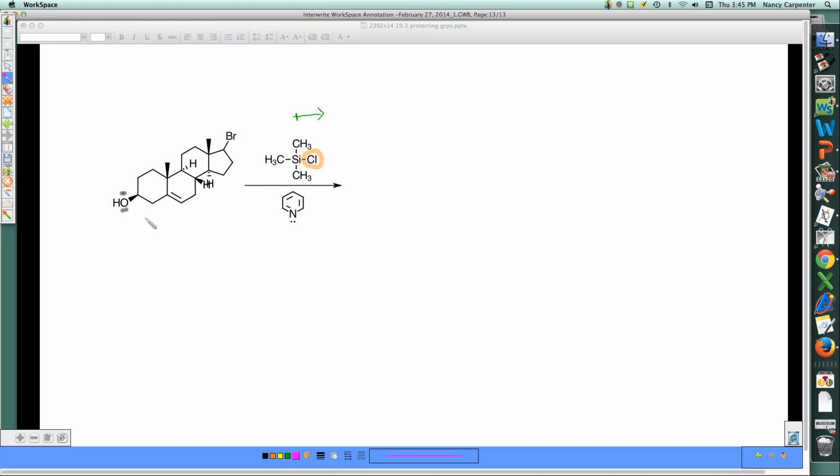So I should be able to take my nucleophile and react it with that electrophile and kick out that leaving group in a perfectly normal substitution reaction to get, and we'll just ignore the rest of the molecule here, this product.